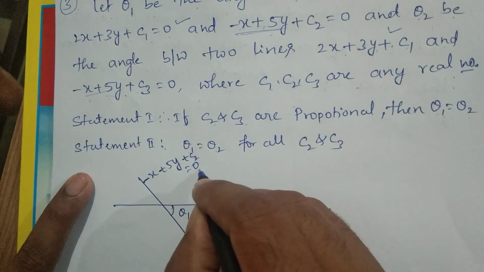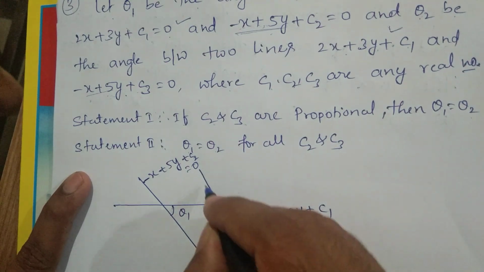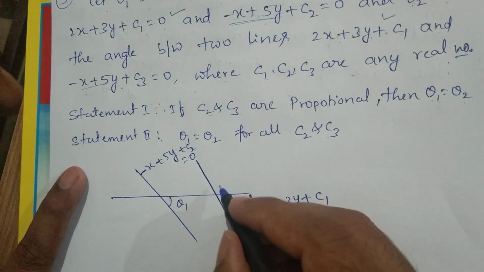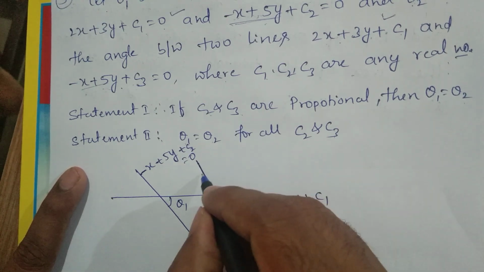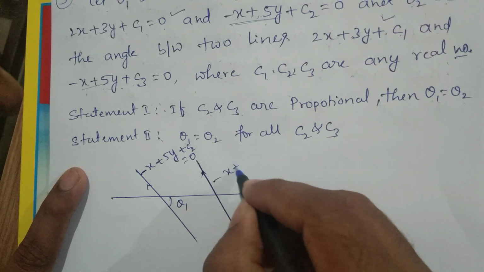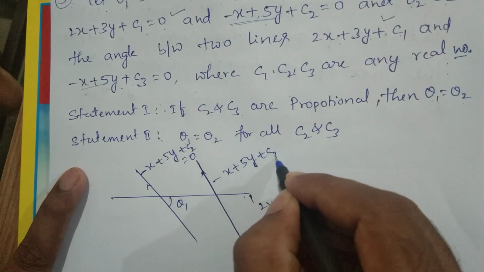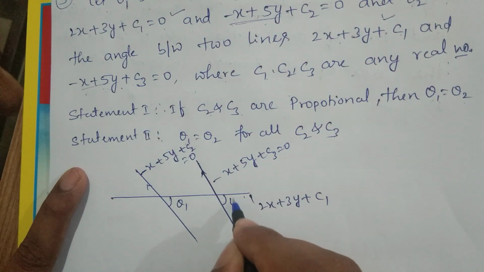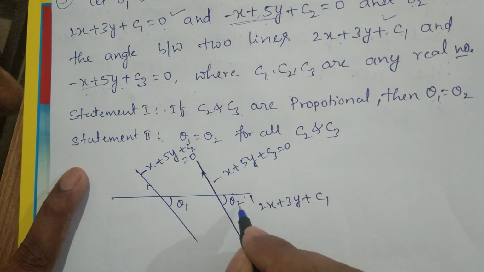Then I will write, these two are parallel. This is minus x plus 5y plus c3 equal to 0. These two lines are parallel, this is c2, the angle between these two. This is theta 2.